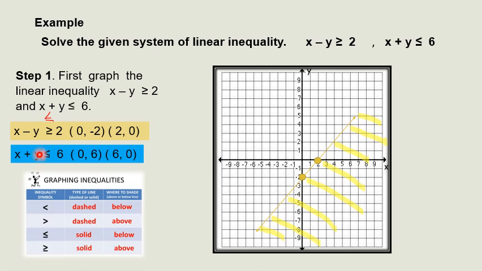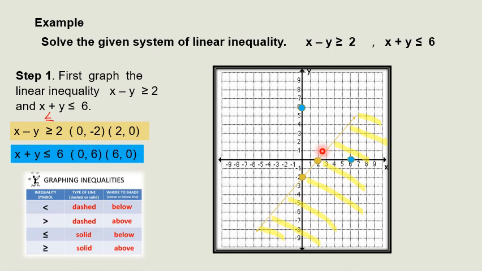As you can see, the y here is positive, so do not interchange the symbol. Let's plot this on the graph. (0, 6) is for this one, and (6, 0) is for this one.